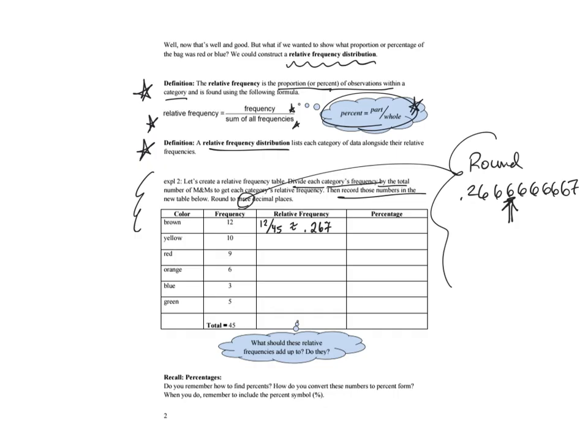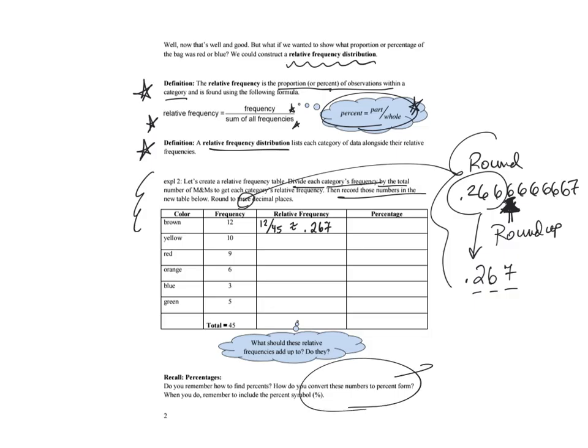And it's 5 or greater. Remember this rule? If this 4th digit is 5 or greater, then I'm going to round up. So I take my 3 digits, and again, to round to 3 decimal places means in the end I want 3 digits. 1, 2, and then a third. But that third one has to be rounded up to a 7 because the 4th digit is 5 or greater. Remember that? Alrighty. Now, also, to complete our table there, we're going to turn that into a percent form.